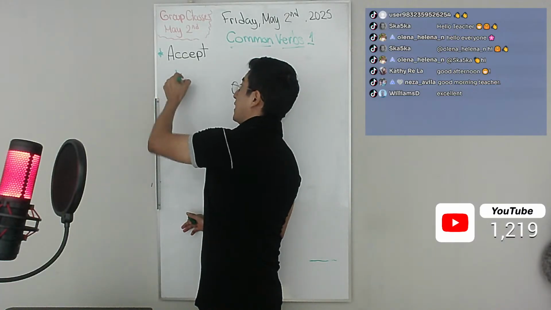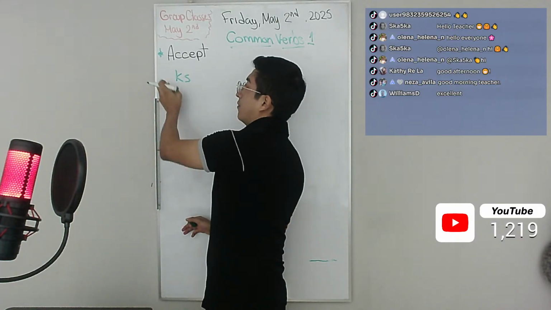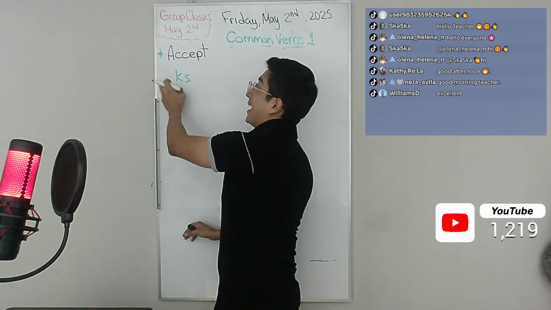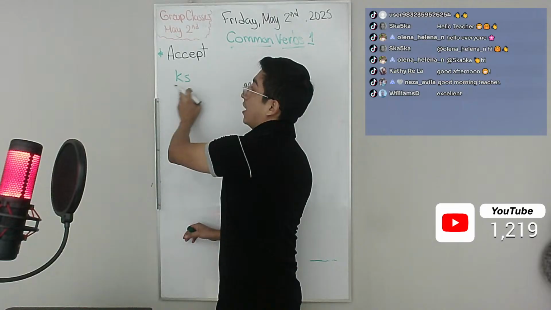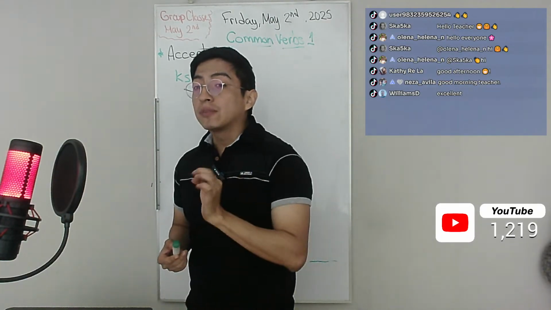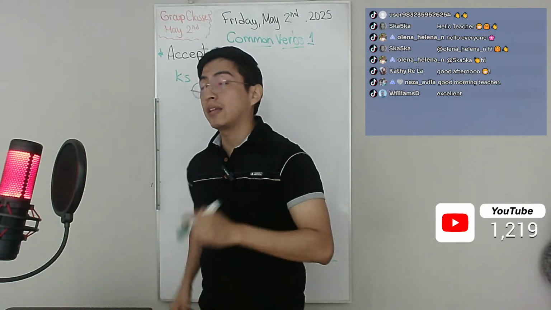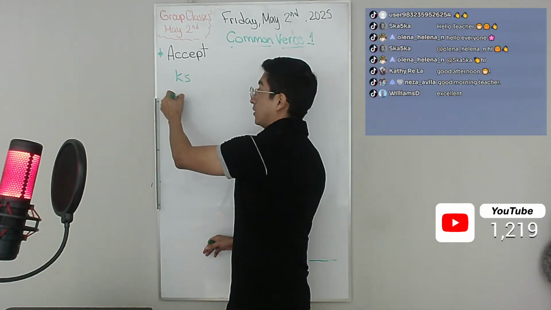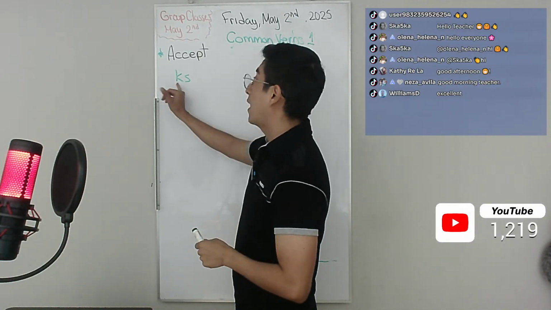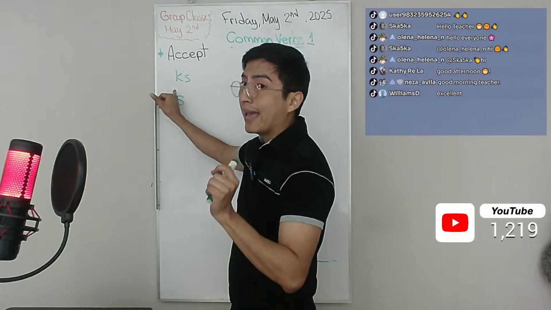We have the letter K and the letter S. So we start saying accept, accept. This is the sound that we have there. So it's not like "aset". Some people say it like if this were just a single S. But what you have to remember is that they have two sounds here, okay?